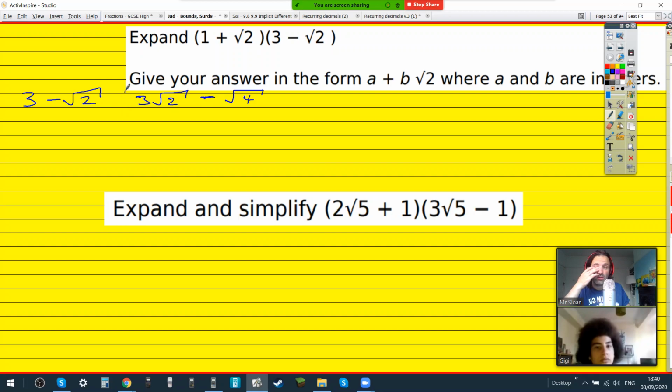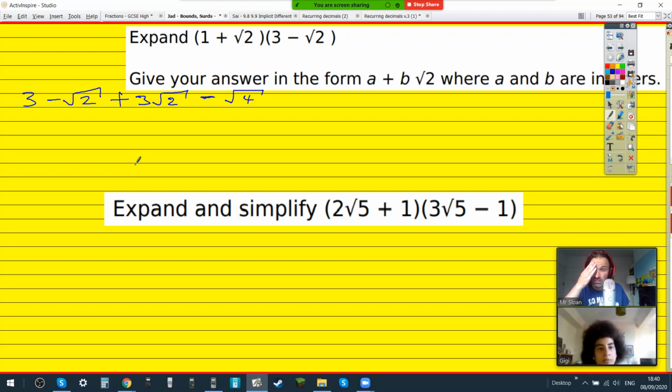And what is this one, plus or minus? Plus. Yeah. And can we simplify? Well, there's 2 root 2's, but one of them's a minus, so it would be another minus 4.